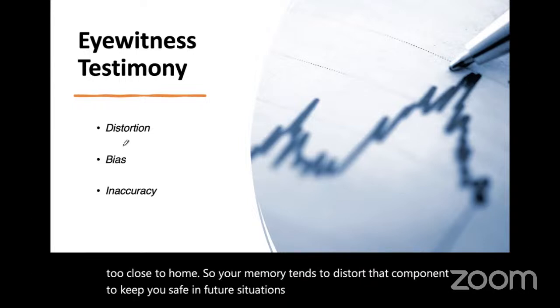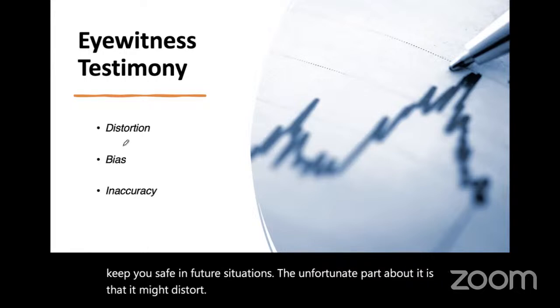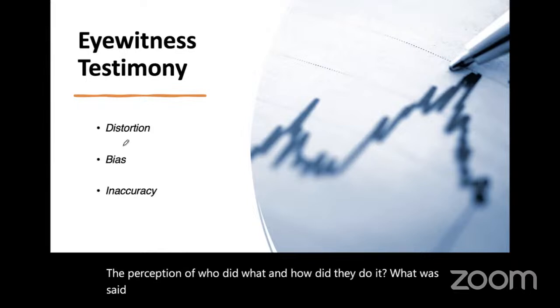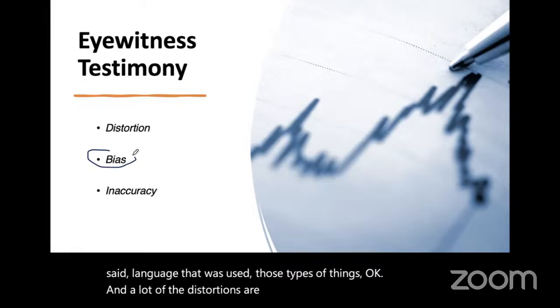The unfortunate part is that it might distort the perception of who did what, how they did it, what was said, the language that was used, okay? And a lot of the distortions are based on our own biases.